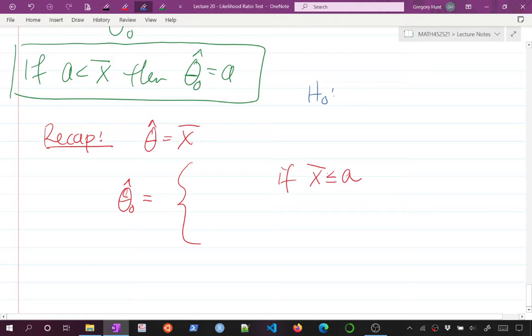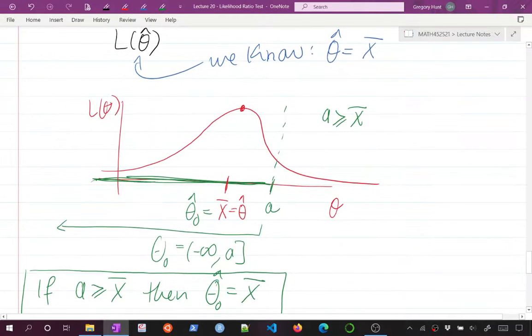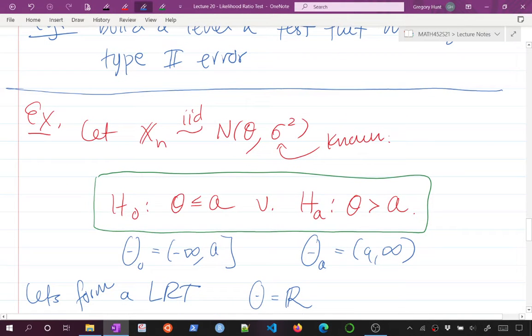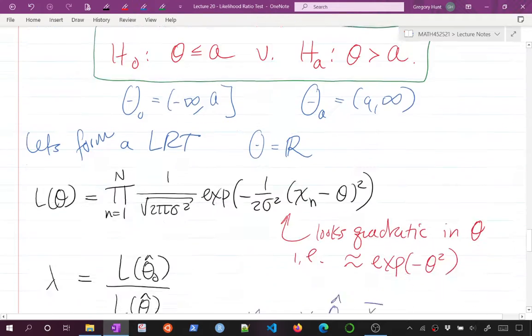H naught is that theta, our mean, is less than or equal to A, and the alternative is that theta is bigger than A, right? Let's just go back and check that's what we wrote. So that's our null space, so that should be right. Our null is that it's less than or equal to A, our alternative is that it's bigger than A.